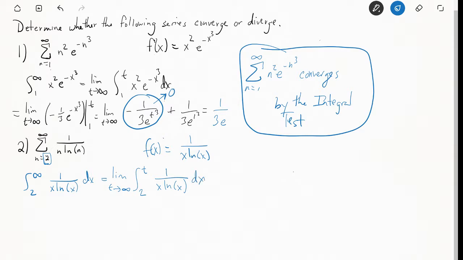So we have this. Once again, I think the antiderivative worked well last time, so if it ain't broke, don't fix it. If we have the integral of 1 over x ln x dx, U substitution, right? So what will we call u in this case? I'll have you all take a guess on this one.